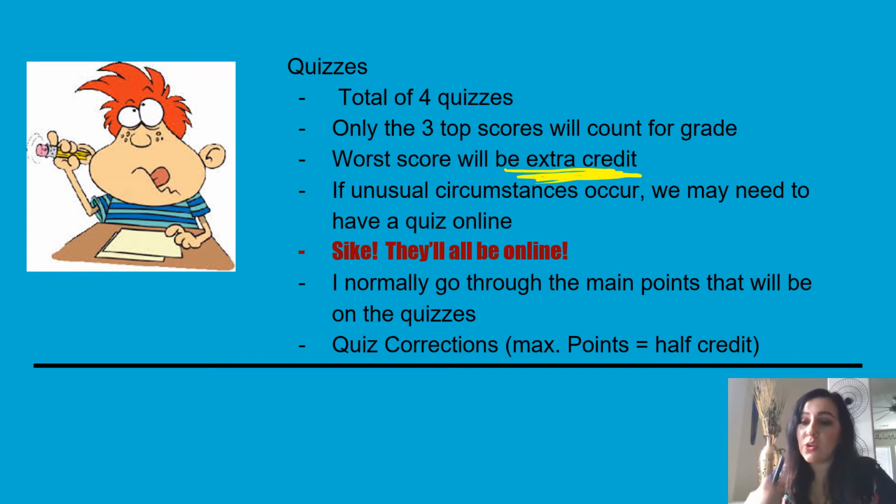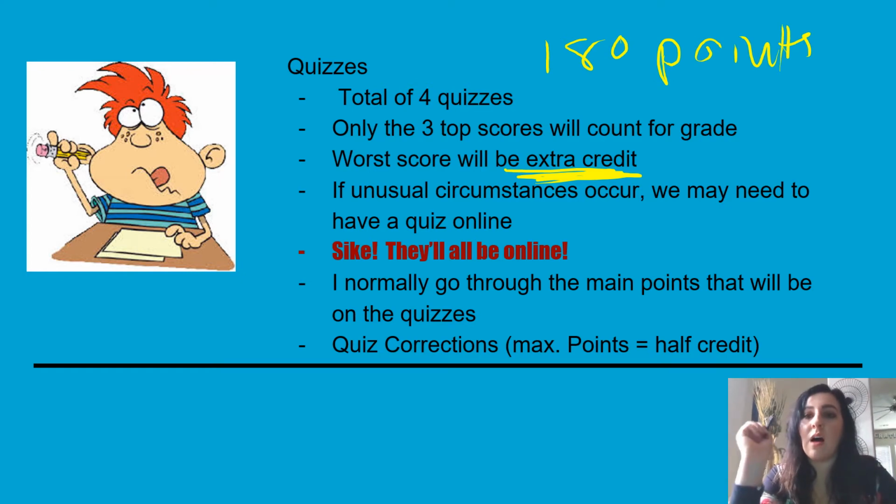Okay, so each quiz is worth 60 points. So you're going to get a total of 180 points for your quiz grade, right? And then you get a potential extra credit of 60 points if you score that well on all your quizzes.